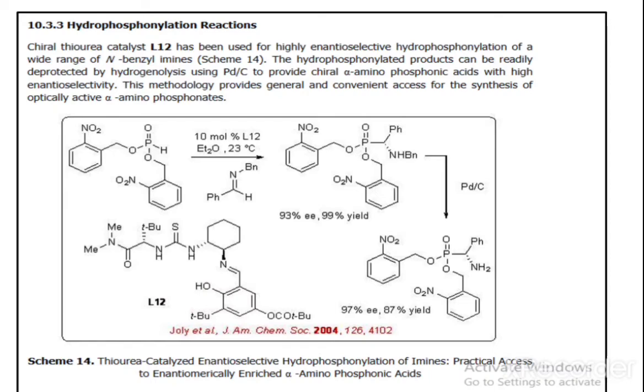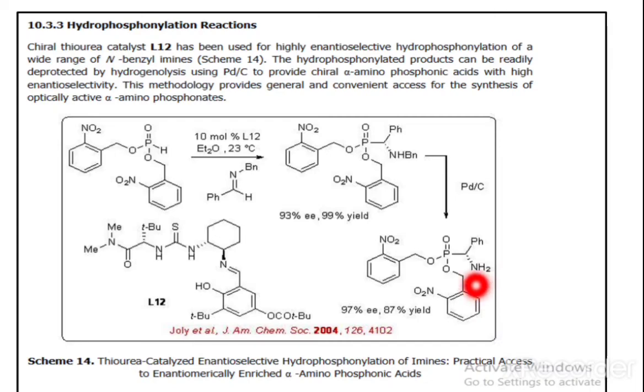Now the hydrophosphorylated products can be readily deprotected by hydrogenolysis using palladium on carbon. That means in this step, palladium on carbon, here the NHBn, again a deprotection will take place.